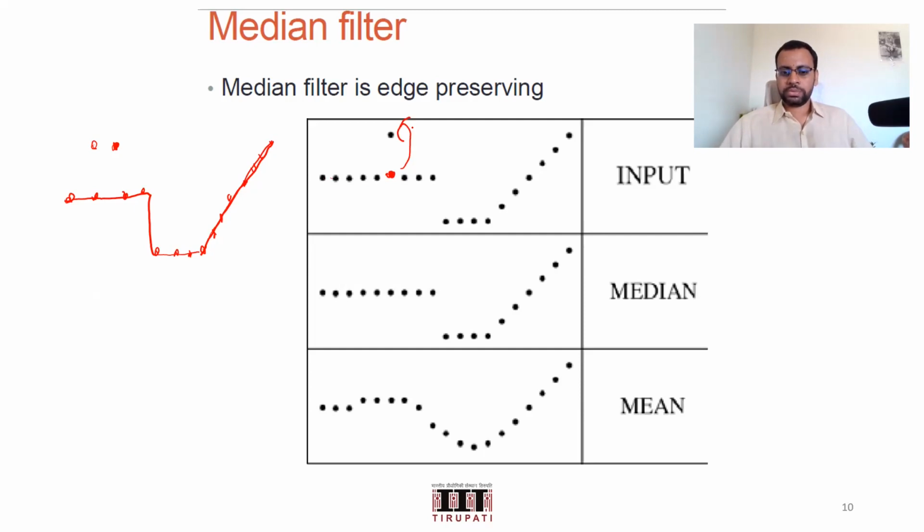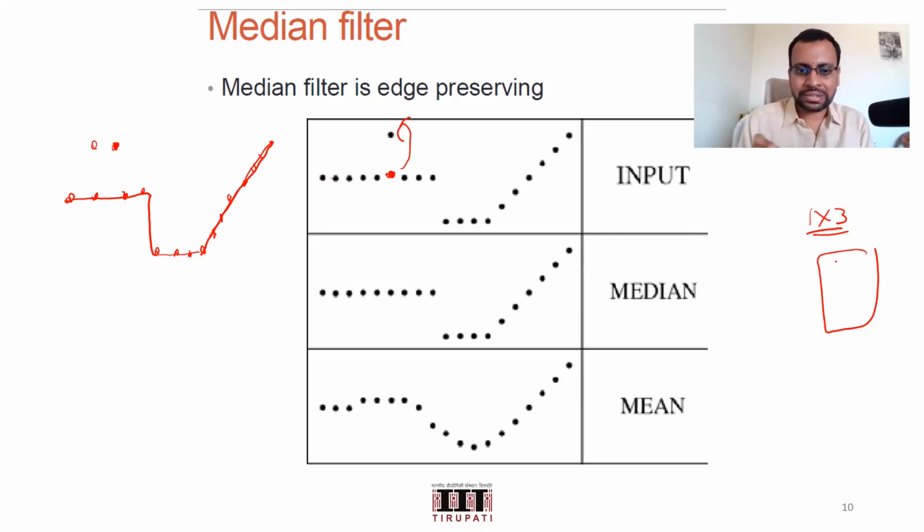What will happen if I do a mean filtering? Take a very small 1 by 3 window here. I'm just showing you in 1D. You could instead consider 3 by 3 also, but this is easy to draw and calculate. How do I do it for 1 by 3? Just ignore the first pixel because I don't have a neighbor on the other side.